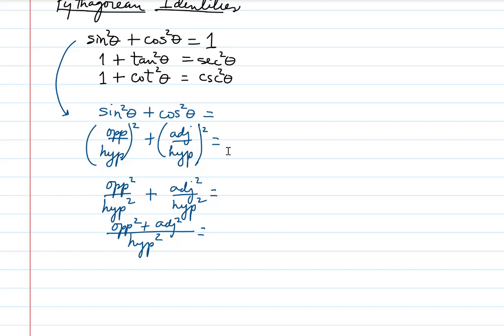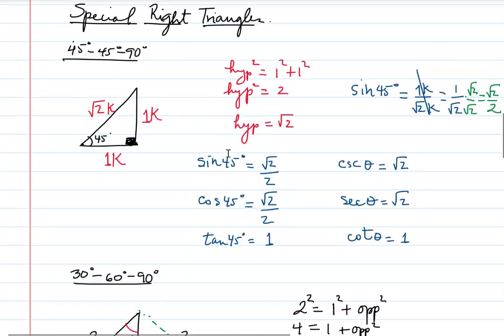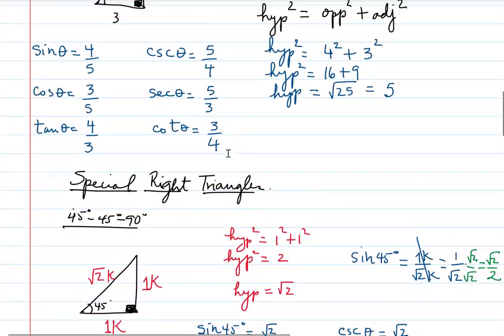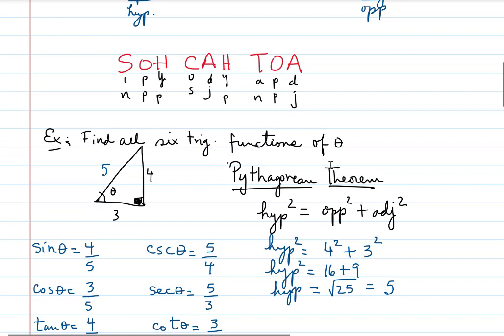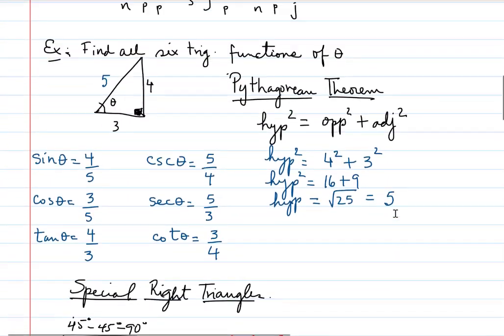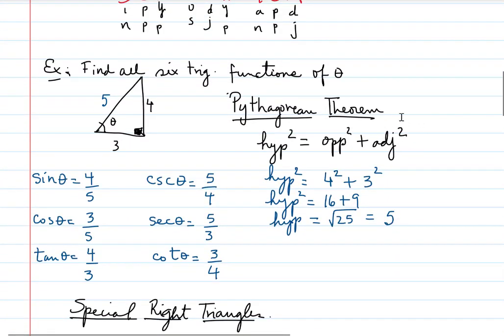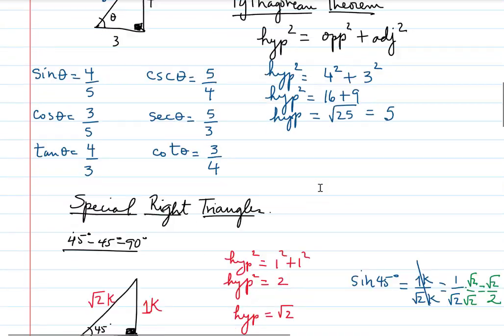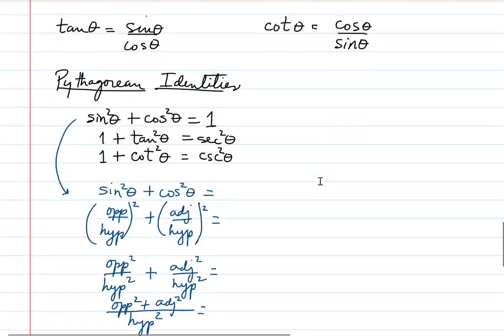This is where it gets its name, right? Remember what we said up here, what the Pythagorean theorem was? Hypotenuse squared is equal to opposite squared plus adjacent squared.